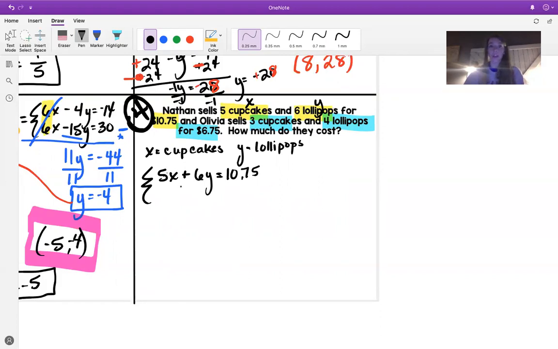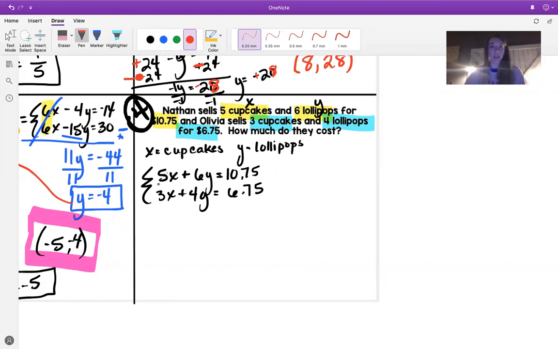Then we have Olivia here that's in blue. So then I have 3 cupcakes plus 4 lollipops. That equals $6.75. Okay. So now we just solve it.